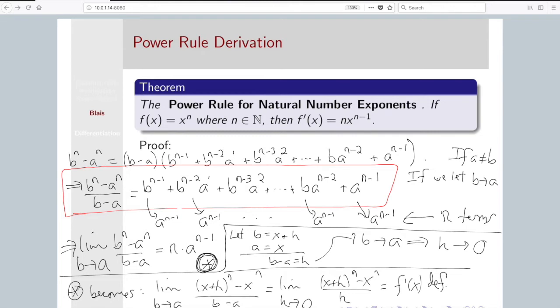But we also noted, so that's the definition of f prime of x, but our star, we can use the right-hand side. So this was the left-hand side of star, and we noted that that's by definition f prime of x. But the right-hand side of star says we can plug in x for a. So this is also equal to n x to the n minus 1. So these two must be the same.